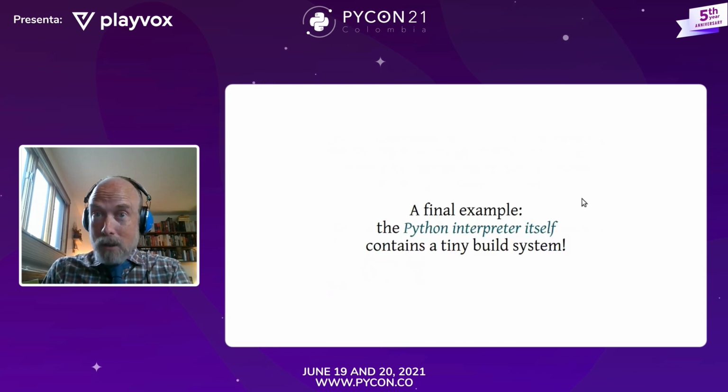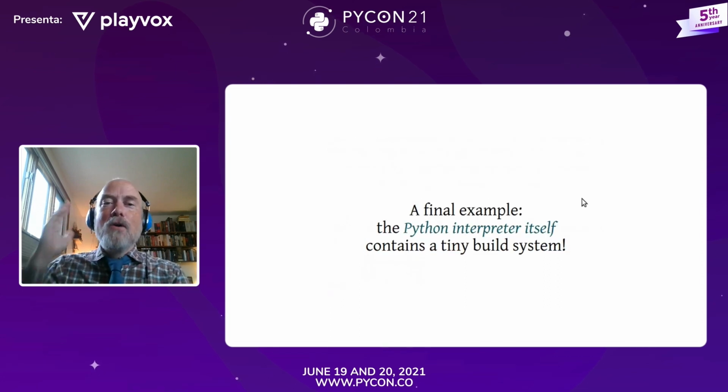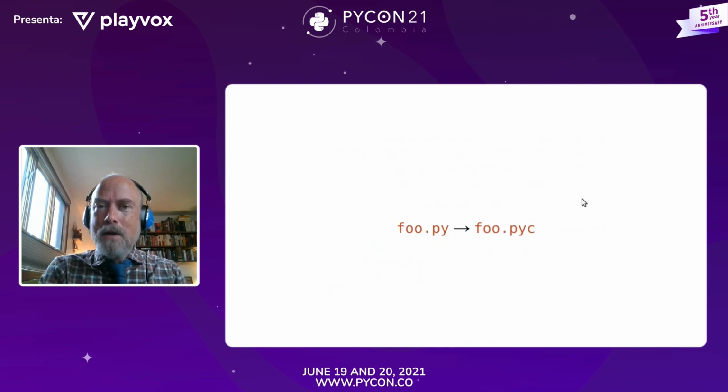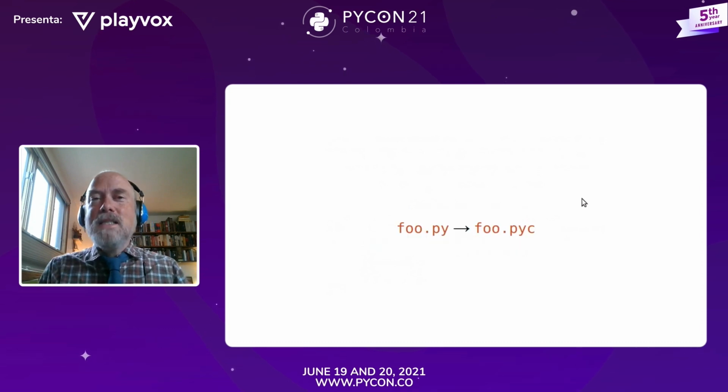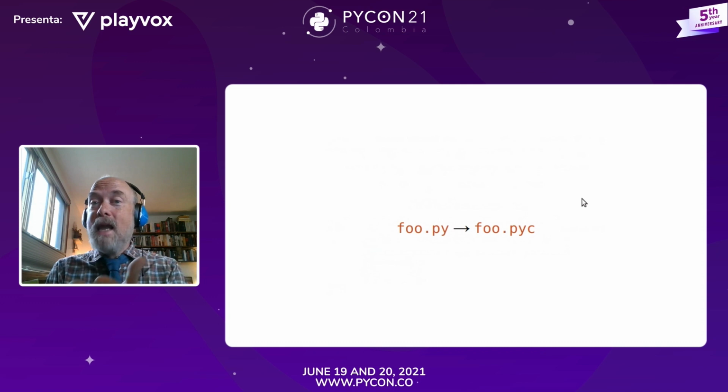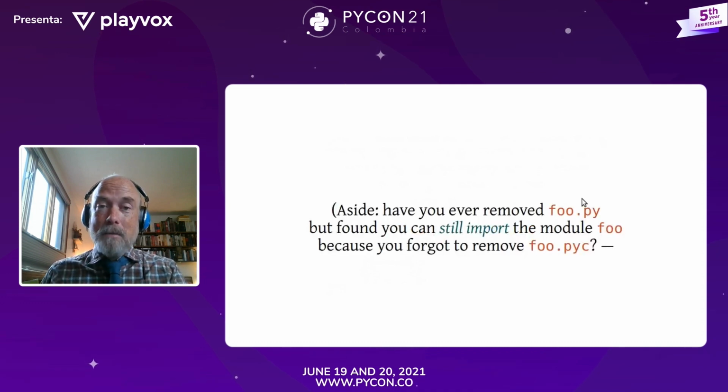A final example, the Python interpreter itself contains a tiny build system. Why? What does the Python interpreter itself build? It builds PYC files from your .py files, in order, if foo.py hasn't been edited, to save the work of recompiling it.